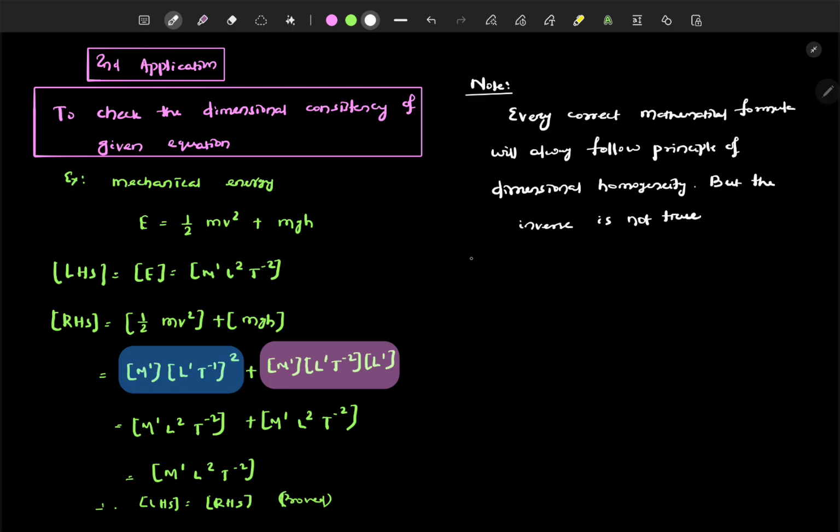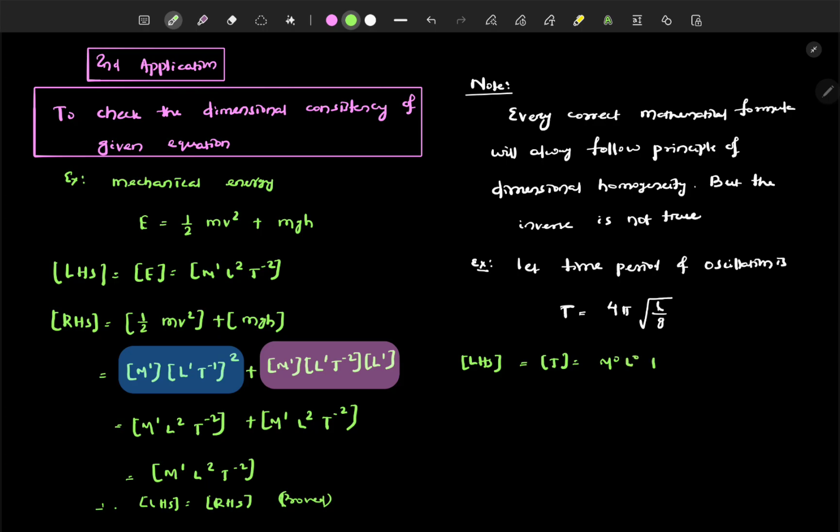Yes, let us consider one example. We know the time period of oscillation of a simple pendulum is T equal to 2π root over L by G. Let us assume the time period of oscillation is T equal to 4π root over L by G. So the dimension of LHS is the dimension of time period, that is M⁰ L⁰ T¹. Then the dimension of RHS: 4π is a constant and has no dimension.